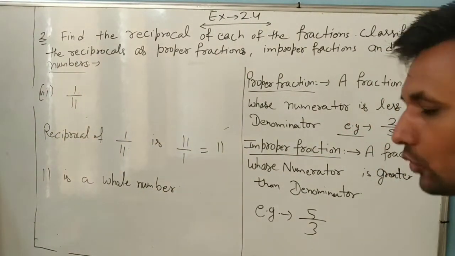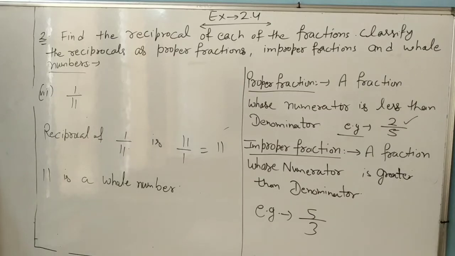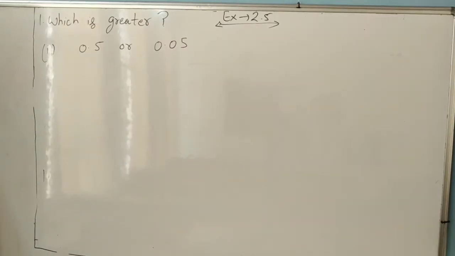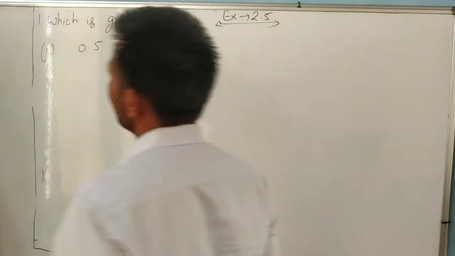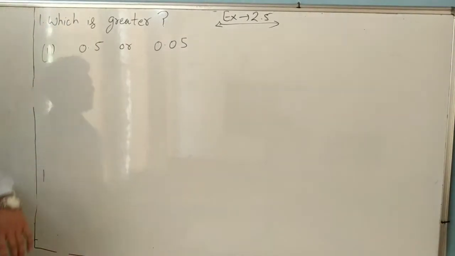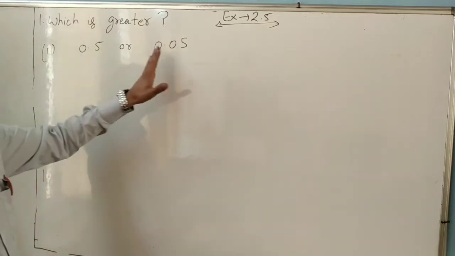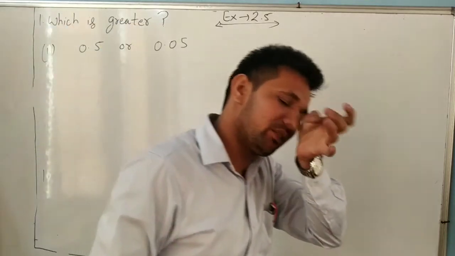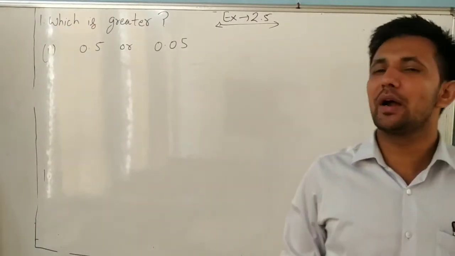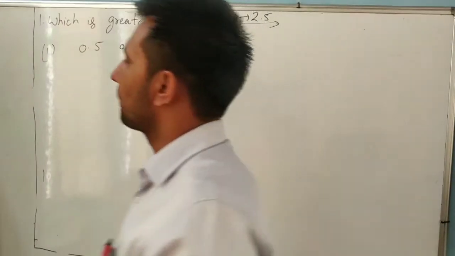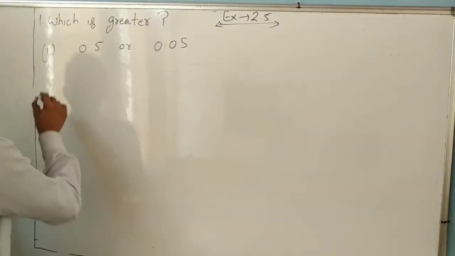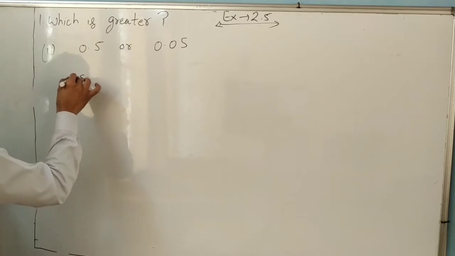Now we start our next exercise, 2.5. Now question number 1 of exercise 2.5: which is greater, 0.5 or 0.05? There are two methods; if you want to compare, you can compare easily.